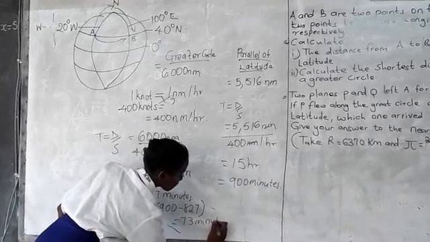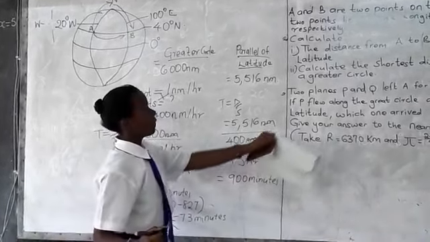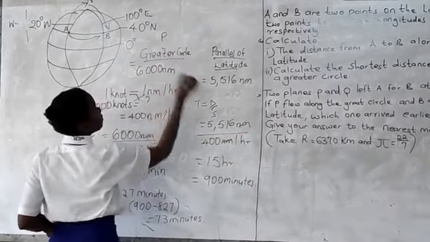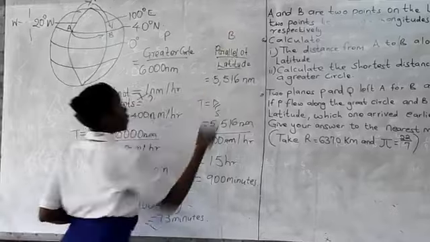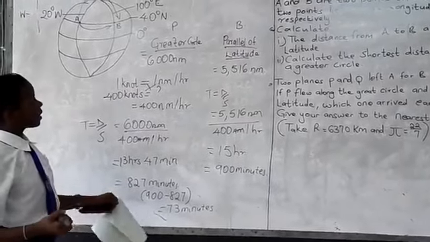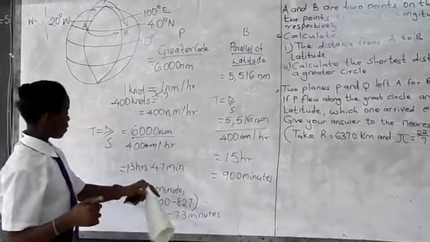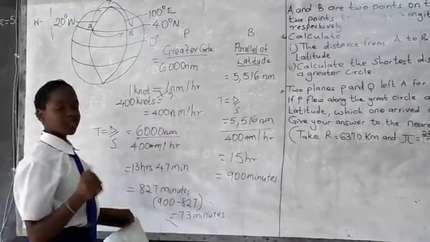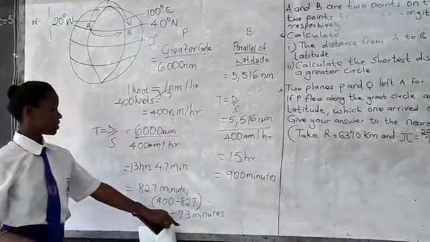Our answer will be, this one was P and this one was Q. Now when you write, our answer will be P. Yes, P reached earlier by 73 minutes.